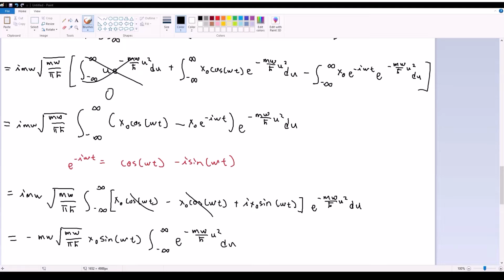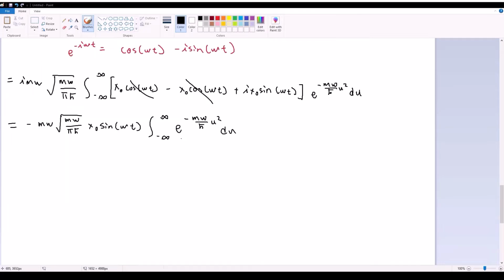I'm going to plug this into my integral calculator because I'm too lazy to do this by hand, since a Gaussian is tedious. This gives square root pi h bar over 2 square root m omega. So this conveniently cancels out exactly, and we're left with, let's write this down here, the expectation value of p is equal to negative m omega over 2 x naught sine of omega t.